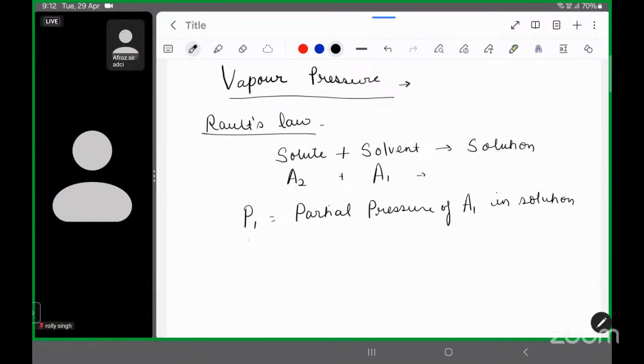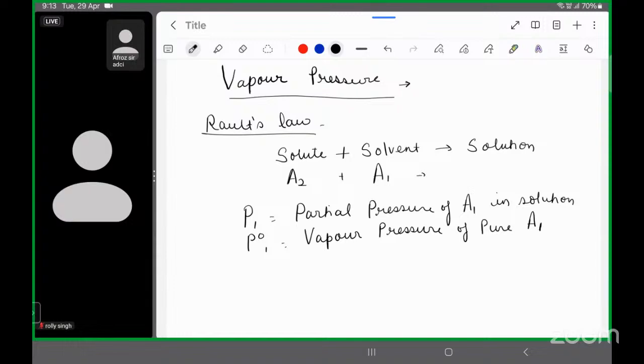And P naught 1 is the vapor pressure of pure component 1. Pure component one means when there is not any solute added, it's just component one. For example, water and alcohol.